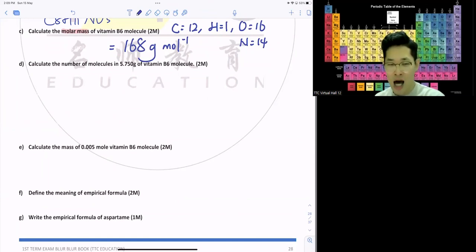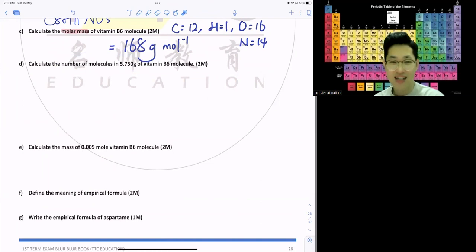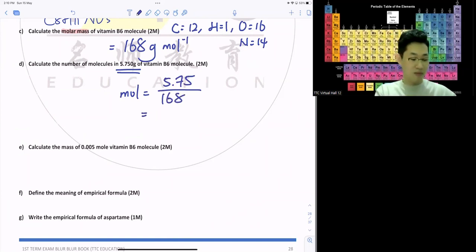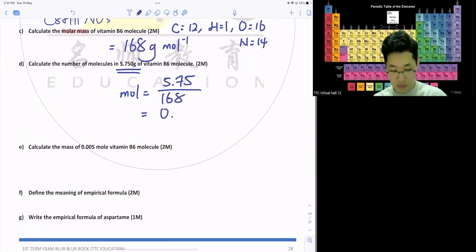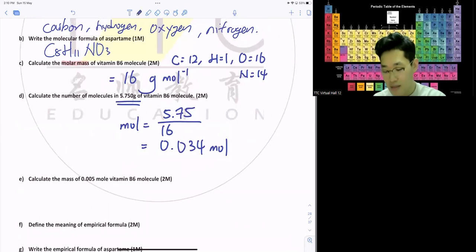And then after this, number of molecules in 5.75 gram of vitamin B6. Wait, just now I mentioned 169, right?